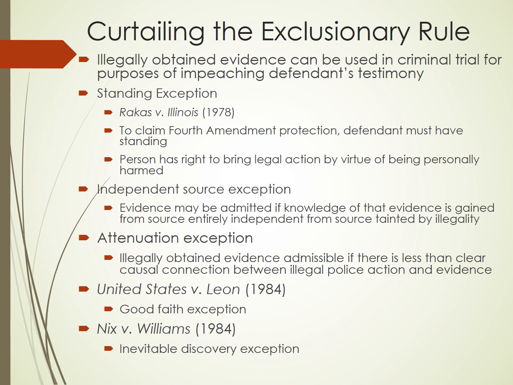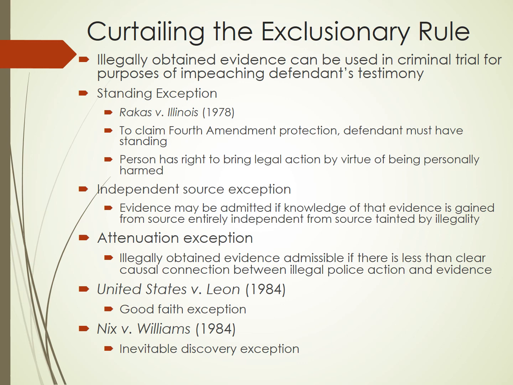Let's say you know about a gun that you're not supposed to know about. That gun is inadmissible. And you keep investigating the case, and a new source, completely unconnected to the old source, tells you that Johnny has a gun and this is where it's hidden. Well, then the gun can come back in because you learned about it from an untainted source.